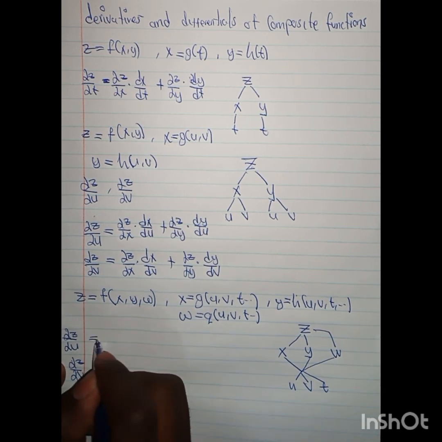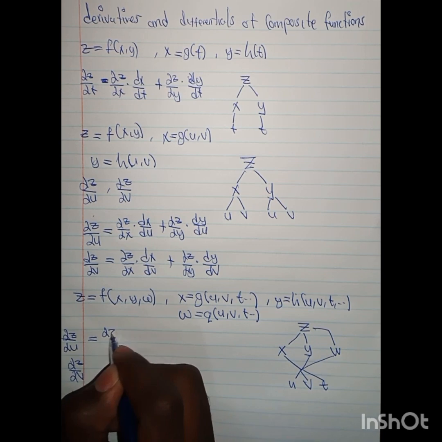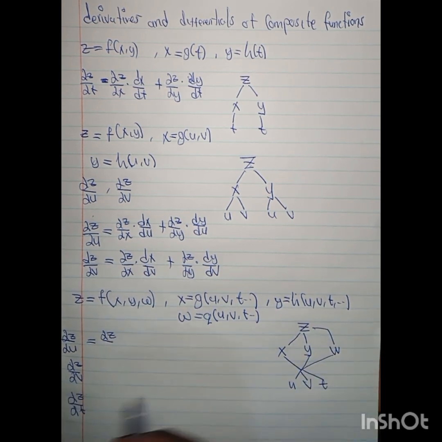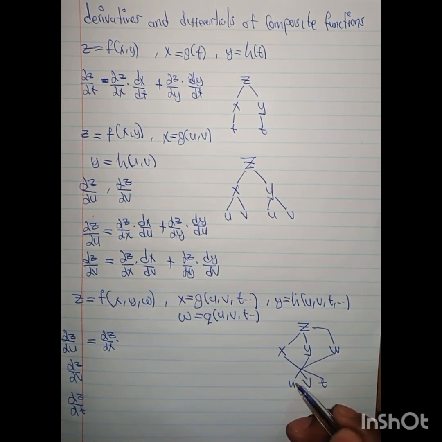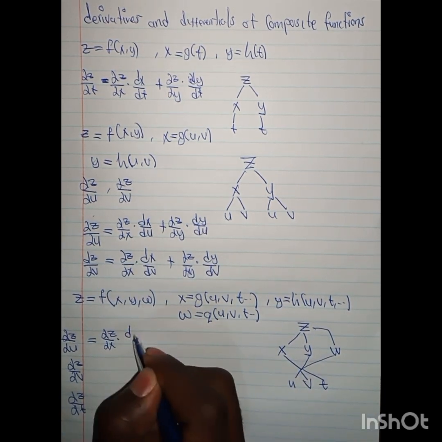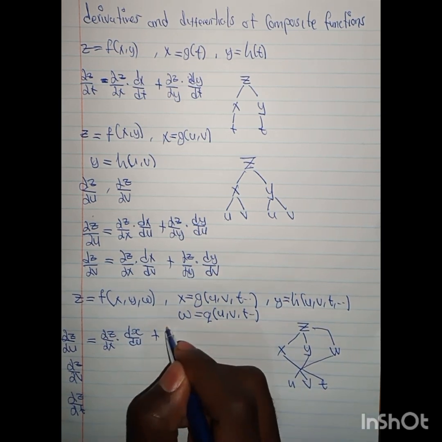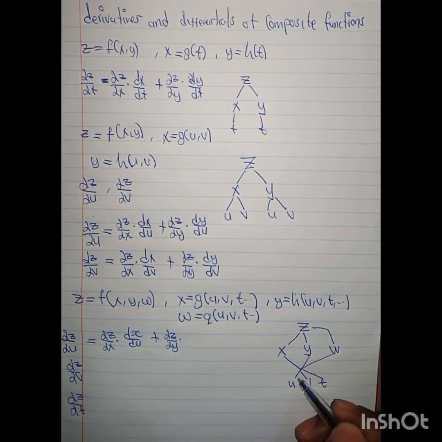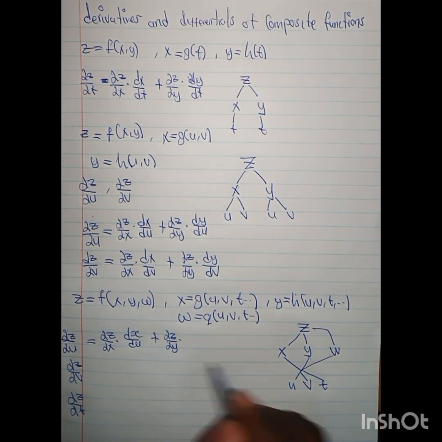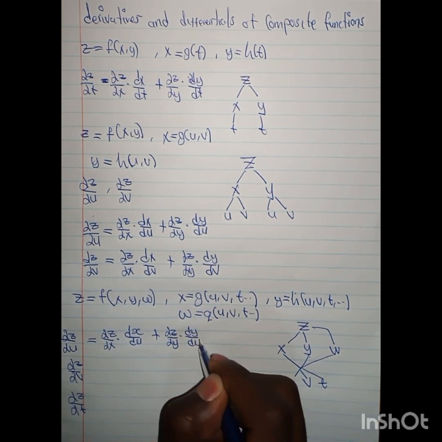Then how can we find dz/du? When you want to find dz/du, you differentiate z with respect to x and multiply by dx/du, plus dz/dy multiplied by dy/du.